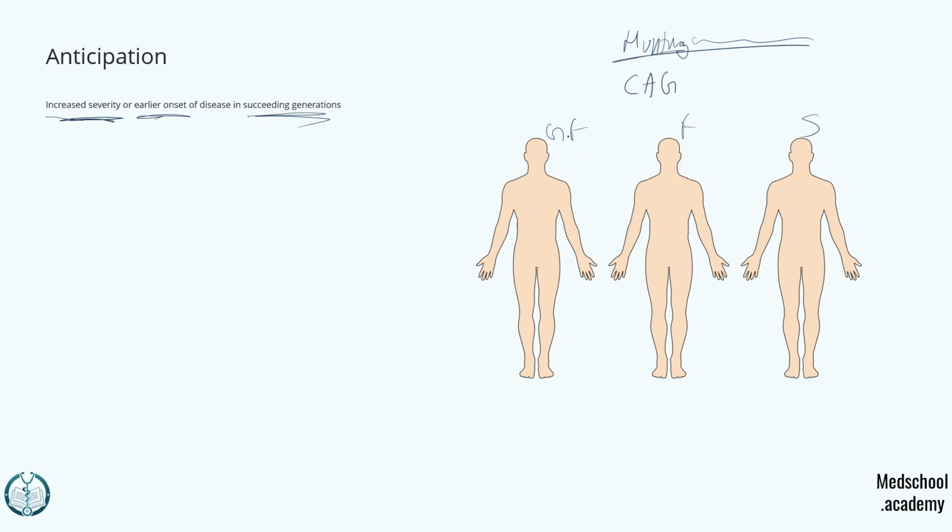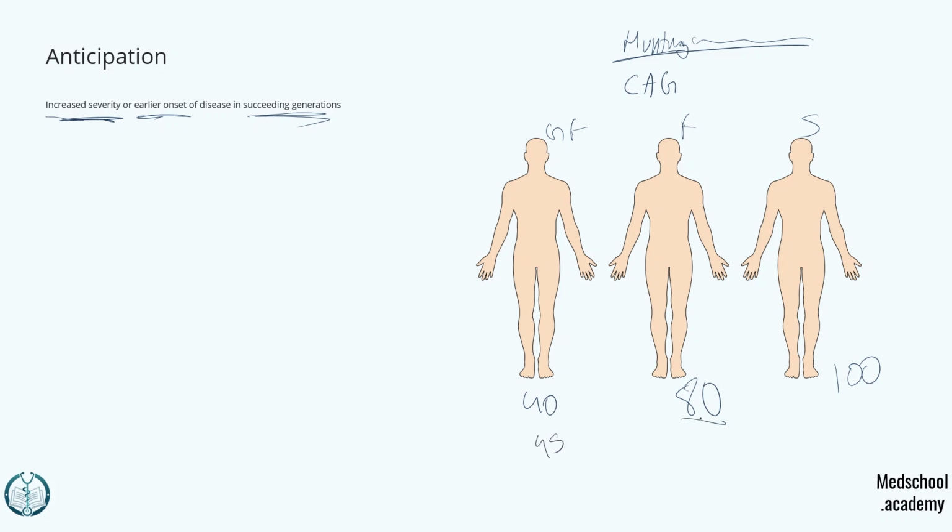So let's say this person has 40 trinucleotide repeats, and this person has 80, and the son here has, let's say, 100. The more the repetition, the more severe the mutation is. So this person, with 40, might show symptoms of the disease when he's, let's say, 45 years old.